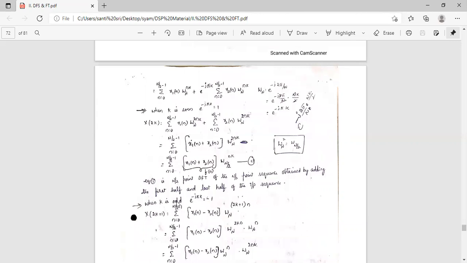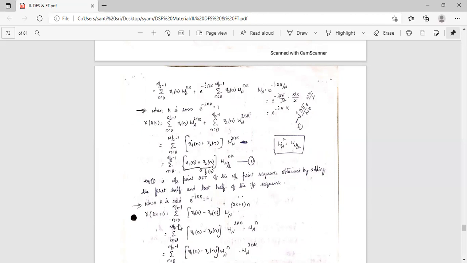Similarly, when k is odd, e^(-jπk) is equal to minus 1. If k is odd, then e^(-jπk) is equal to minus 1. Okay, so replace k by 2k plus 1. In the decimation in time FFT, we replace 2n plus 1, right? But here this is DIF FFT, so we will replace even indexed by 2k and odd indexed by 2k plus 1, right?